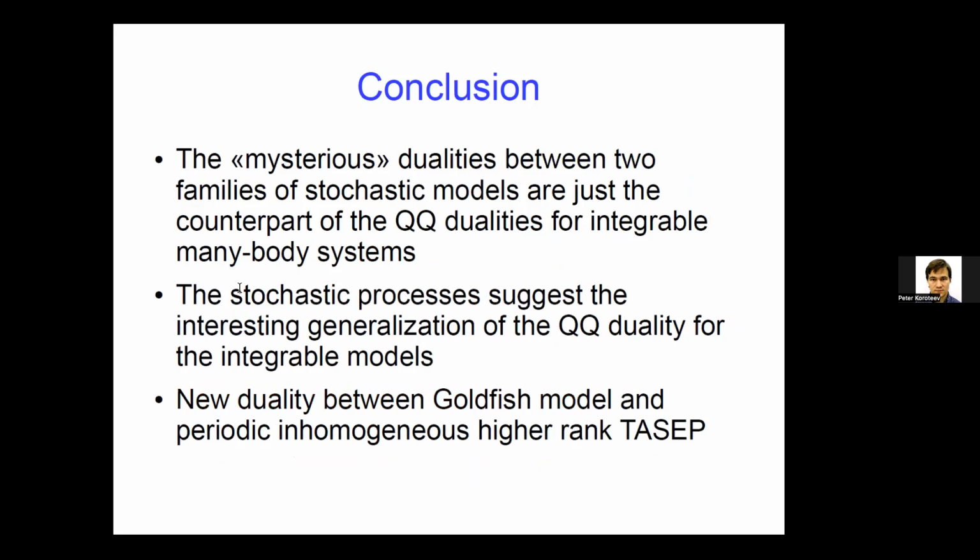Therefore, my conclusion is as follows. We have explained the mysterious dualities between two families. There are some mysterious identities, and these identities turn out to be just the manifestation of quantum dualities for integrable many-body systems. There is a very interesting question concerning the interpretation of the stochastic process. So far, we interpreted the dualities for probabilities and for measures.